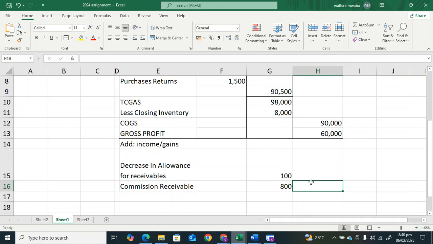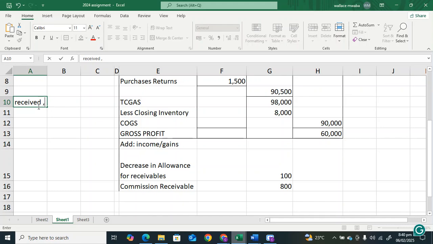So another important point, whenever you hear the words received and receivable, just know these are forms of income.